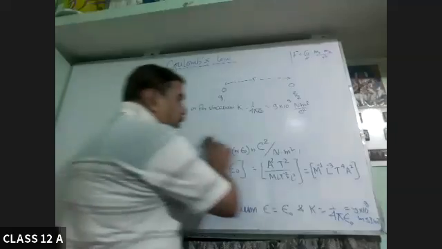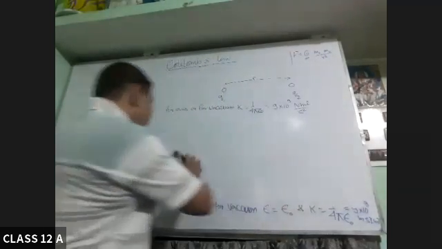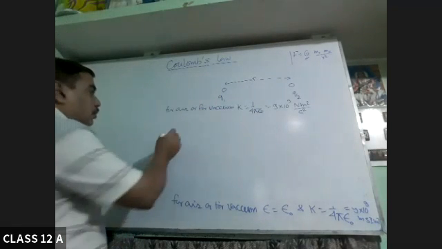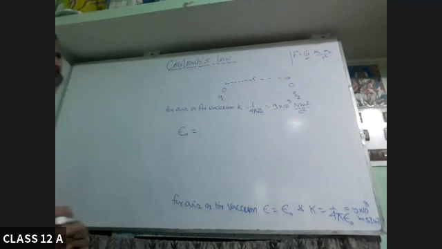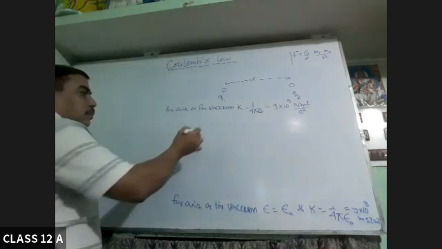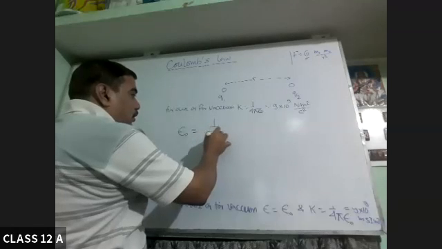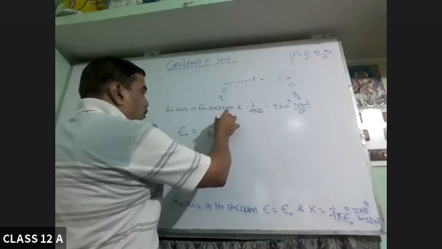Now, what will be the value of epsilon naught? It will become 1 over 36 pi into 10 to the power minus 9.